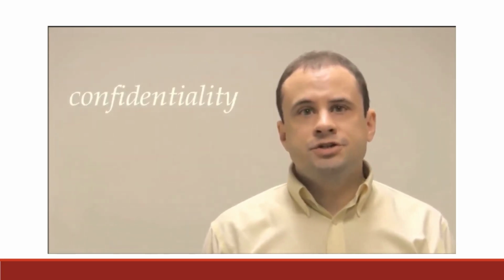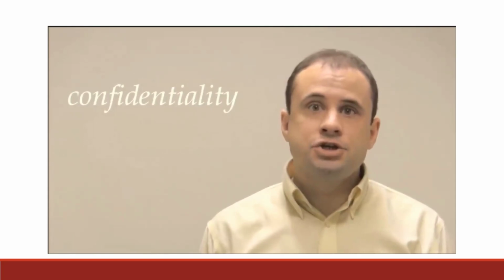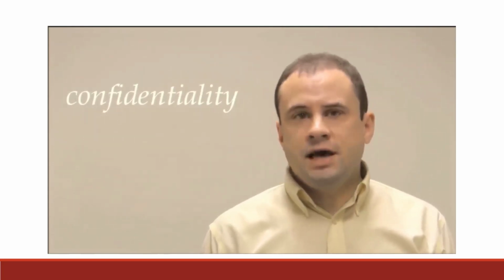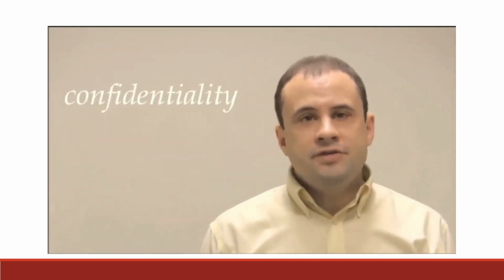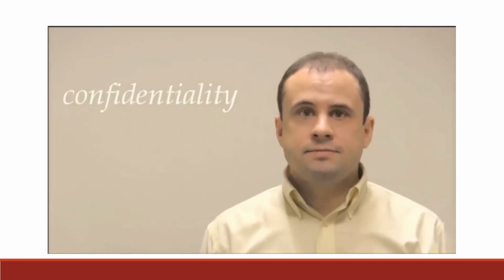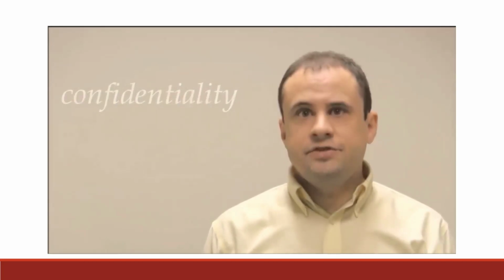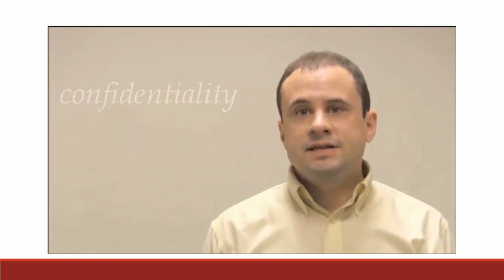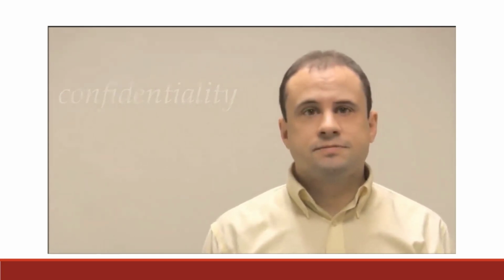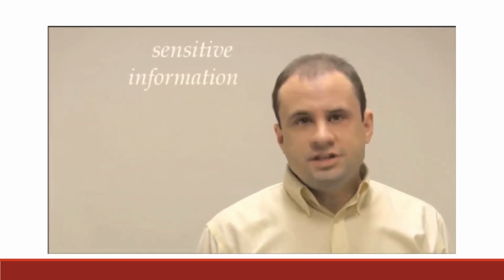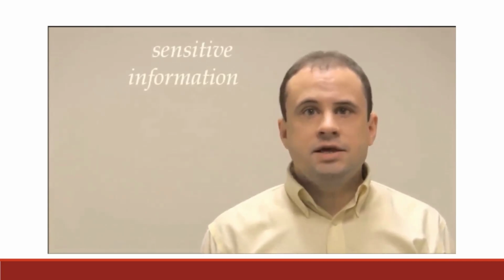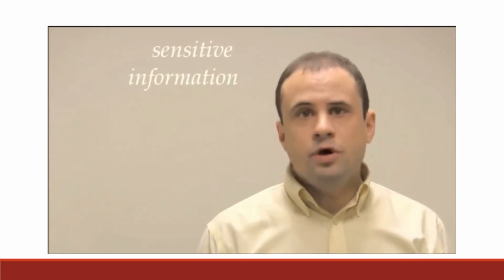The National Institutes of Health, NIH, address two key concepts relating to the confidentiality of research data. Those are sensitive information and identifying characteristics. Sensitive information includes anything that a subject may not want everyone to know.